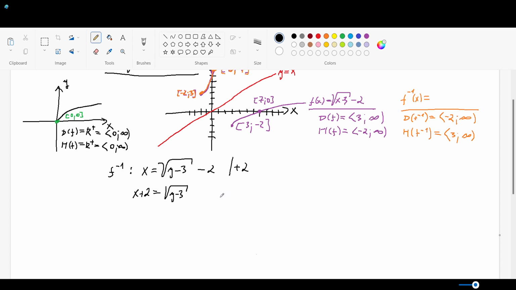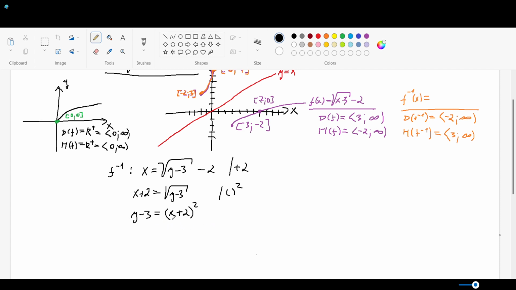Now, if we want to get y, as this is the square root, we will square both sides, and I will swap the left side of the equation with the right side because I want to have y on the left side. So in this case it will be y take away 3 equals x plus 2 squared. Okay, now what else do we want to do?